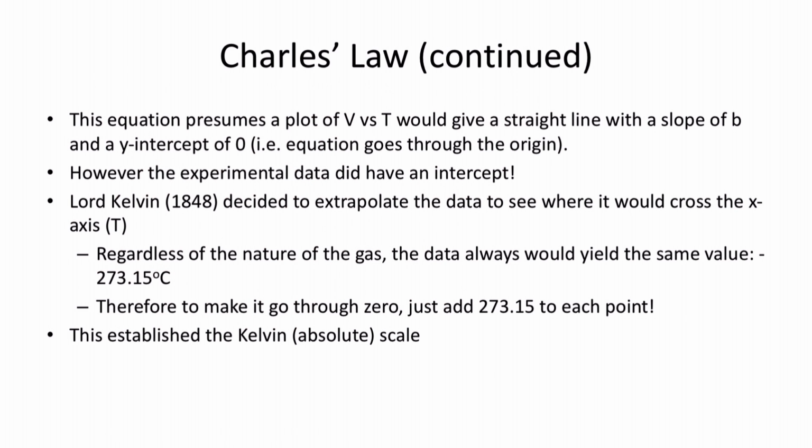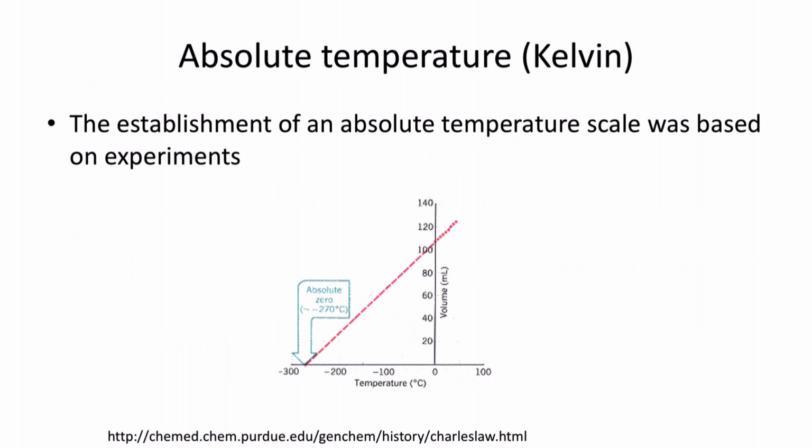If you plot Charles's Law and you had a direct relationship between volume and temperature, you would expect a straight line, as there would be for a direct relationship. If you go back to this slide, this looks like a direct relationship between volume and temperature.